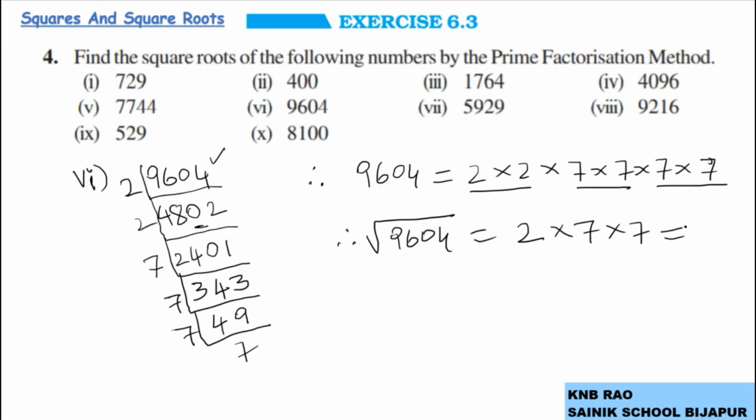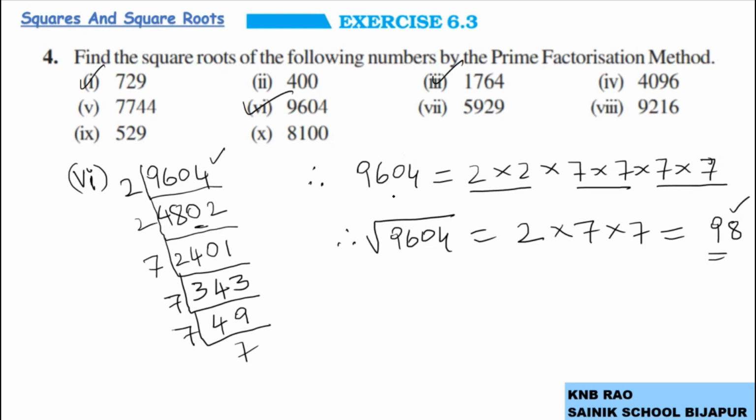So totally we have got 7 into 7 giving us 49, 49 into 2 giving us 98. That is the answer. Now I solved question number 1, question number 3 and question number 6. I hope the rest of the questions you will be able to solve.